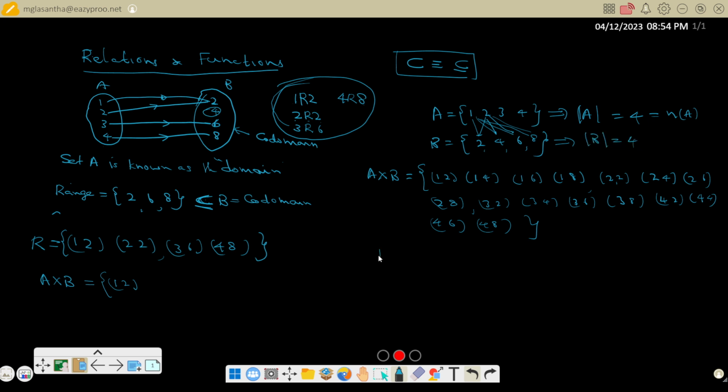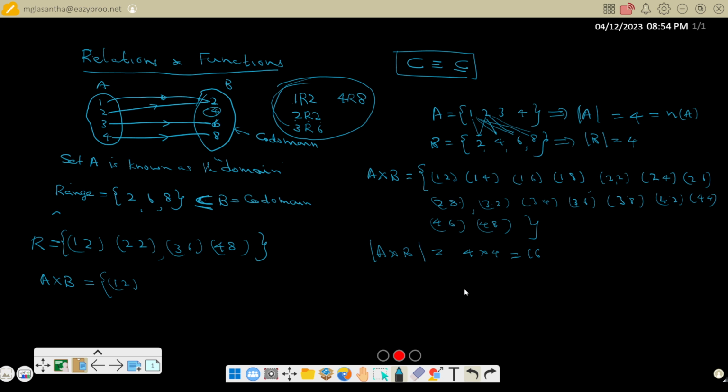Then what is the cardinality of A cross B? 4 into 4, 16. You have 16 elements here. There are 16 elements.